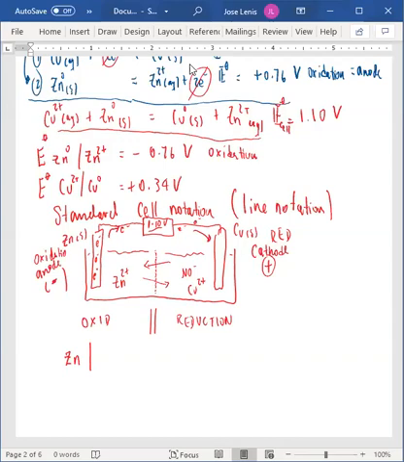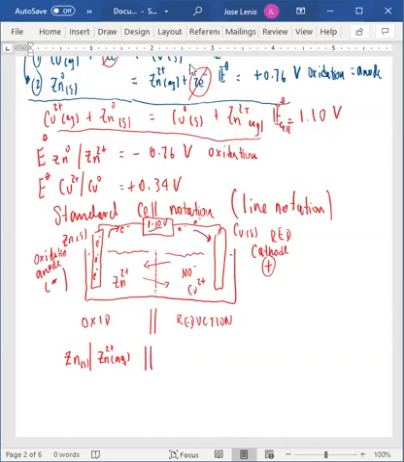What ions are those? Zinc 2 plus, aqueous, and this is solid. How do you separate this from the other cell? Using the double bar that represents the salt bridge.